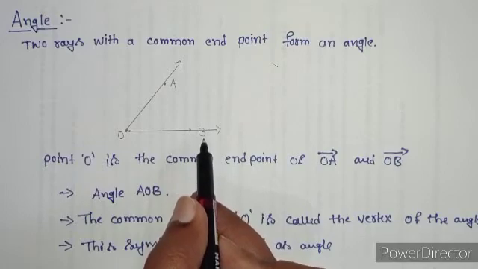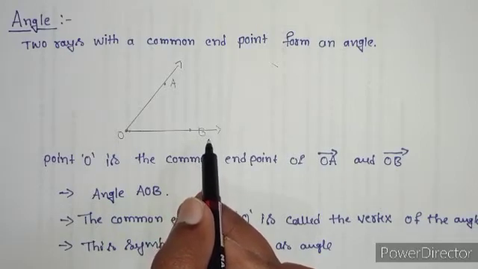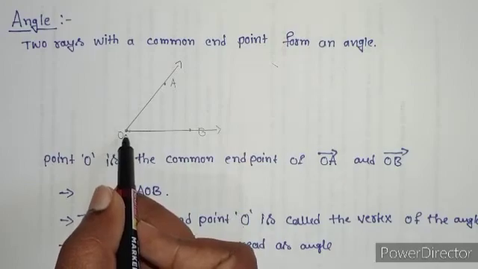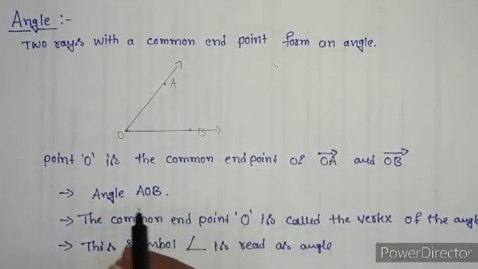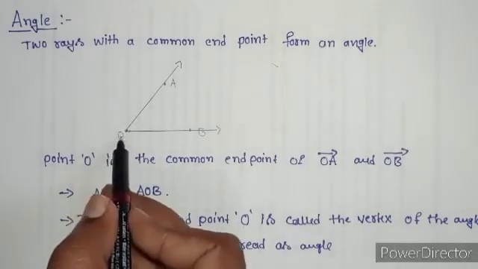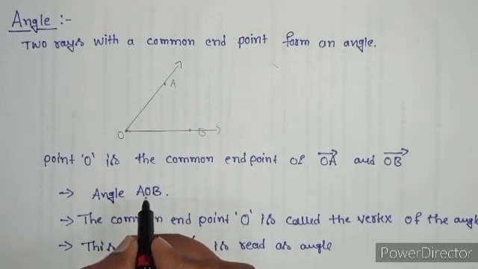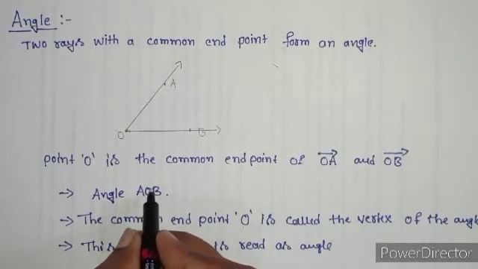When three letters are used to name an angle, the letter showing the vertex is always written in the middle. Here O is the vertex, so the vertex is written in the middle of the letters.